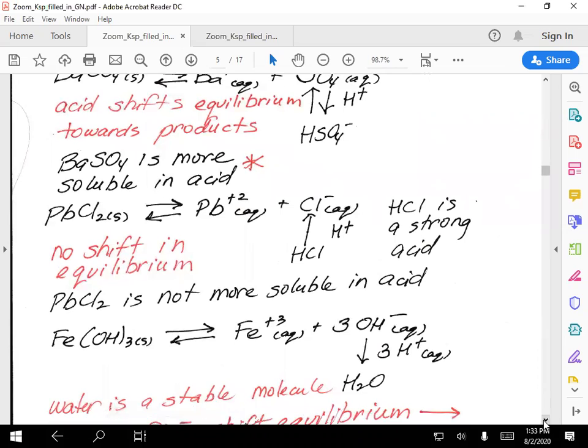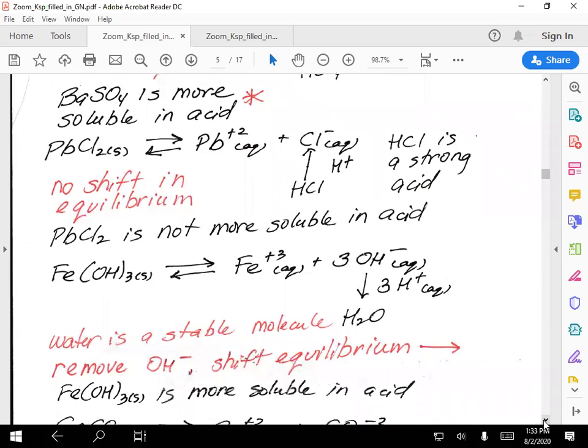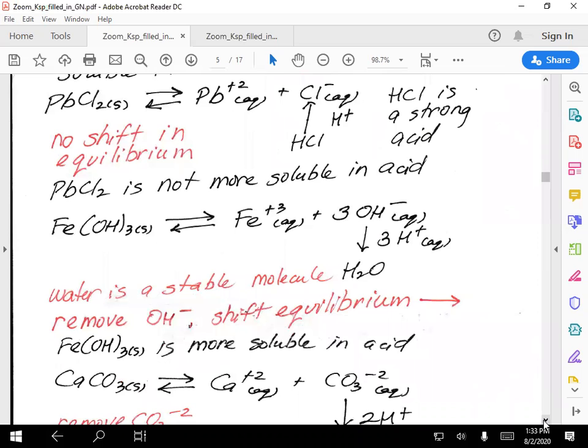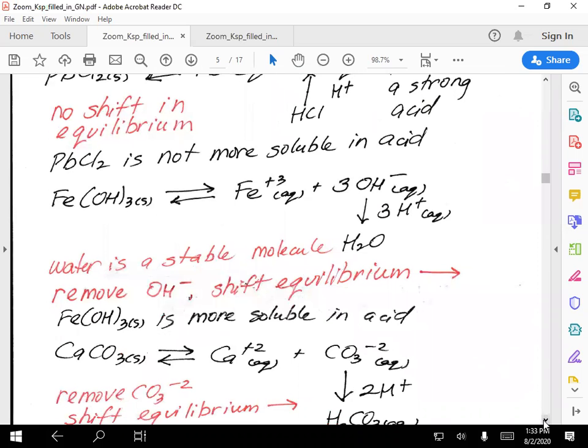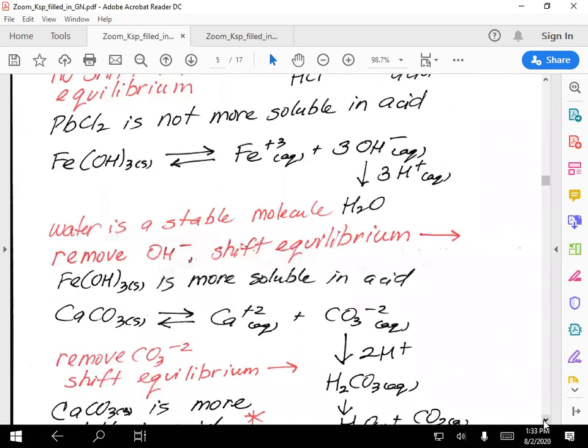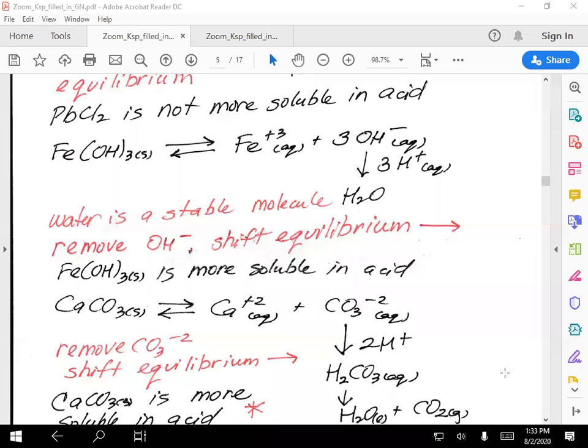Let's look at the iron 3 hydroxide. So iron 3 hydroxide is in equilibrium with iron plus 3 and hydroxide. We have H+.